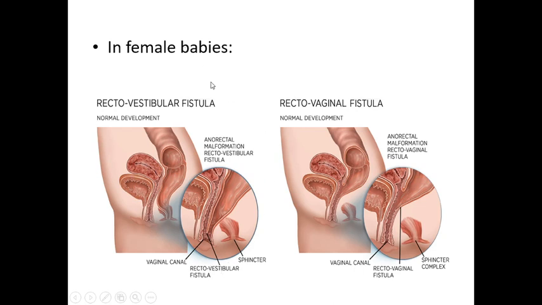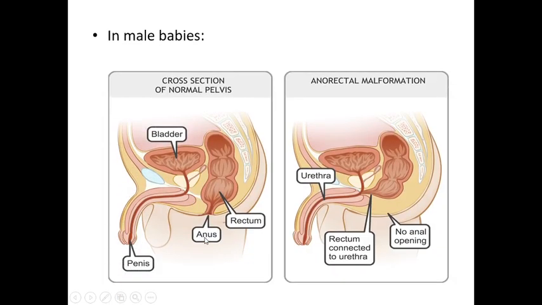So in female babies, in case of imperforate anus with vestibular form with fistula formation, the feces can come out through the vaginal opening, or it can come out through the urethral opening. And in a male baby, the feces will come out through the urethral opening.